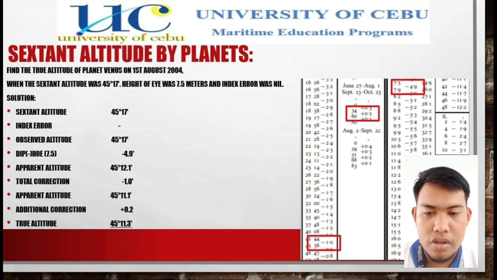Dip at height of eye 7.5, negative 4.9, apparent altitude 45 degrees 12.1 minutes, total correction negative 1.0, apparent altitude 45 degrees 11.1 minutes, additional correction plus 0.2, true altitude 45 degrees 11.3 minutes.